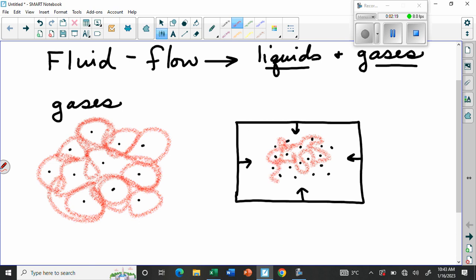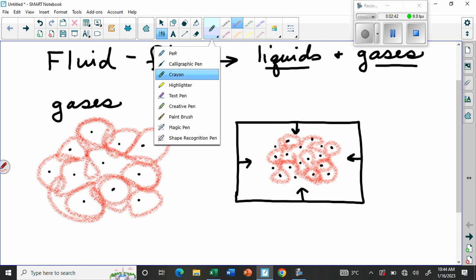Now, the closer you push them, the more the forces in between begin to resist. So you can only push so far. You can't keep pushing indefinitely. But gases have this sponginess about them that when you push them, the molecules will squeeze together, and we say that the gas can be compressed.